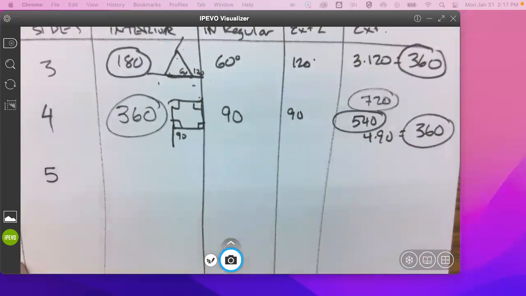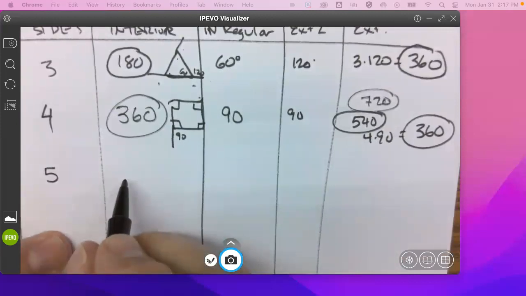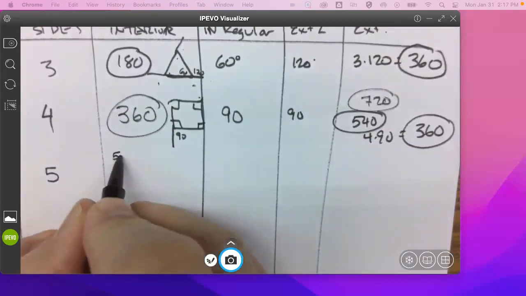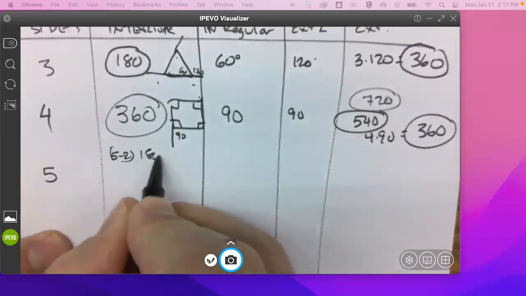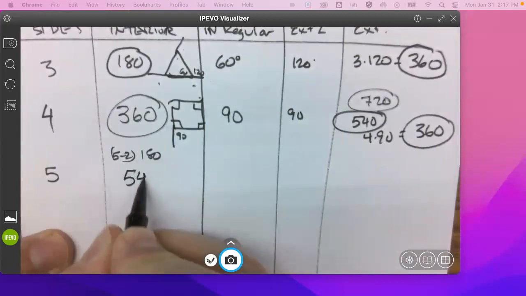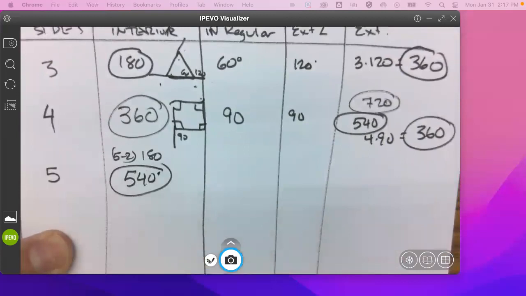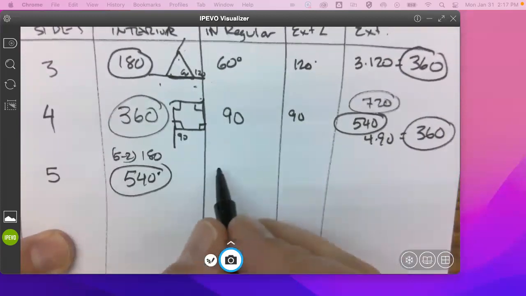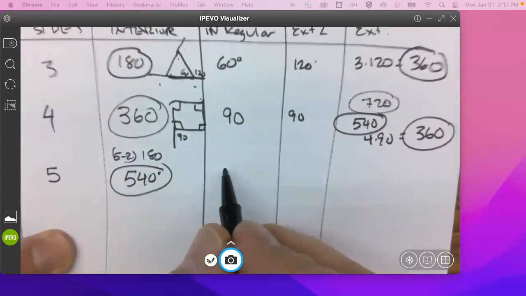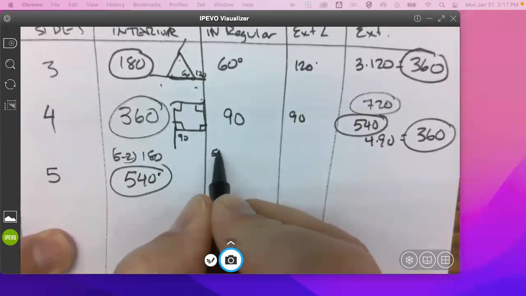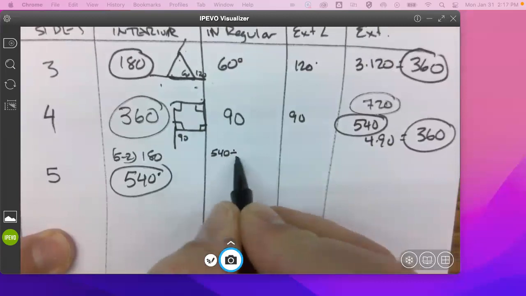So what about a 5-sided figure? What's the sum of the interior angles? 5 minus 2 times 180, 540. And how could we find a single angle in a regular pentagon? How many of them are there? 5.